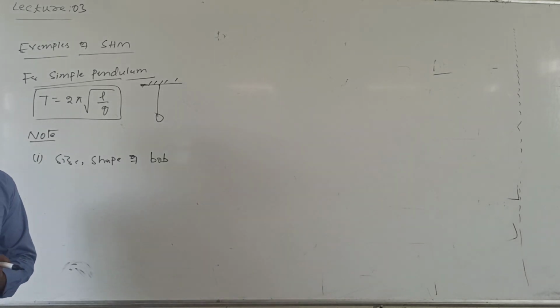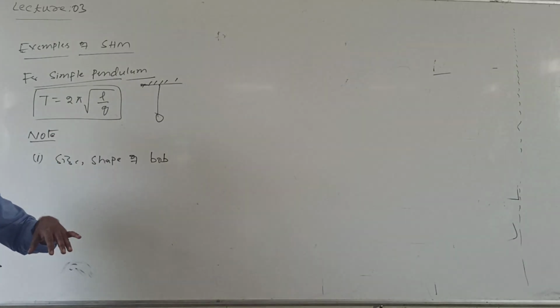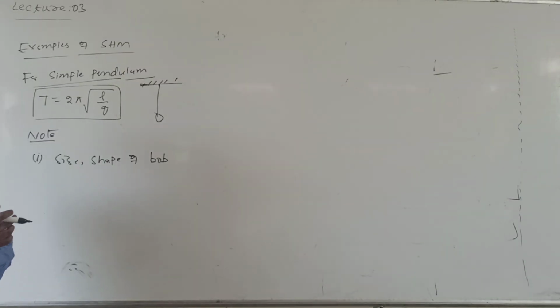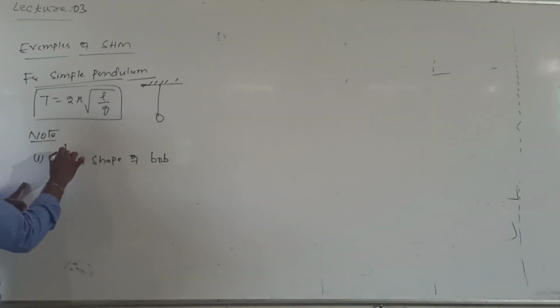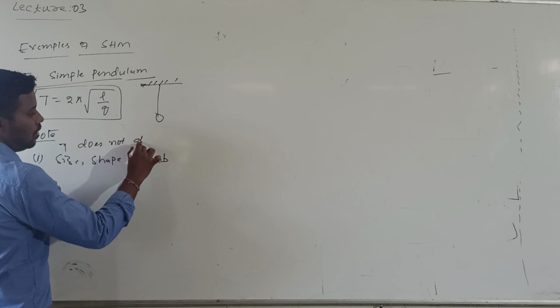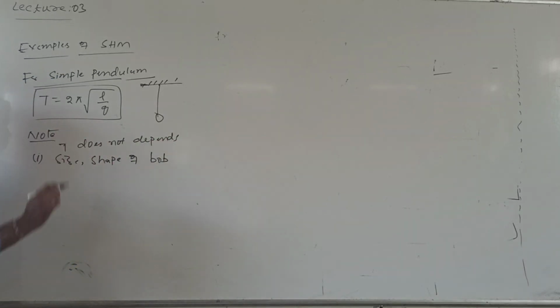But the important point is, you should select a heavy point mass rather than a light one. If I consider a light mass bob, then the time period value will vary. Other than a light bob, if it is not a light material, then T does not depend upon the size and shape of the body.